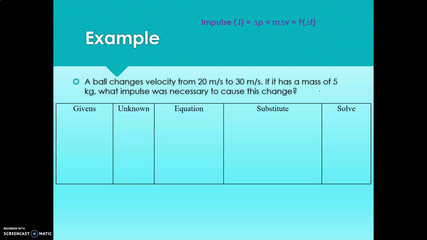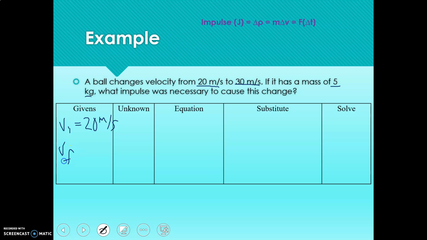A ball changes velocity from 20 meters per second to 30 meters per second. If it has a mass of 5 kilograms, what impulse was necessary to cause this change? So again, we need to first write down our givens. So it goes from 20 meters per second. So that's the starting velocity, so the initial velocity is 20 meters per second, to 30 meters per second.